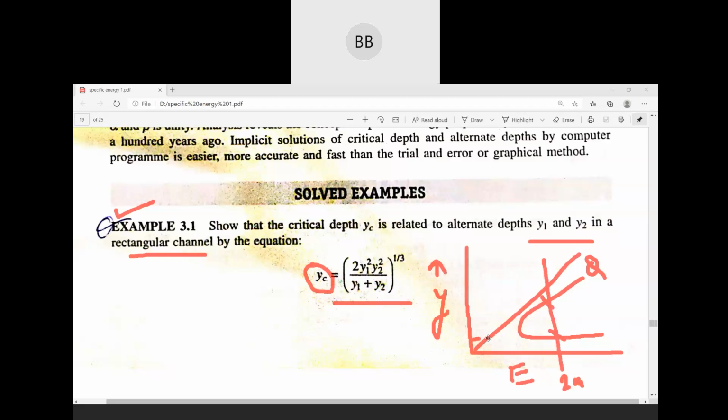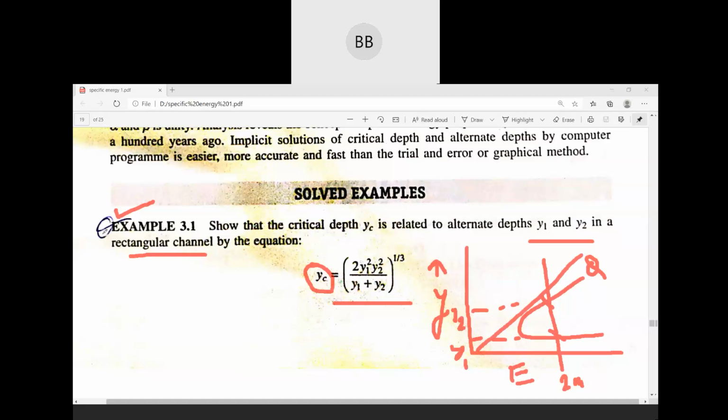One is here, and one is here, this one. So these two are alternate depths, your y1 and y2. So y1 and y2 are depths which have the same specific energy.